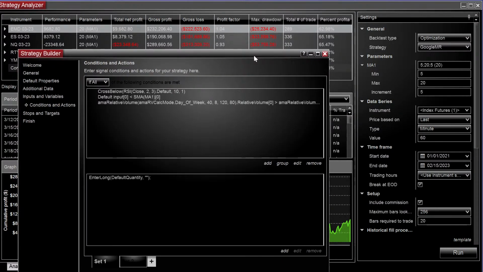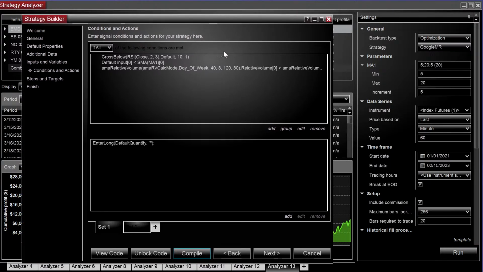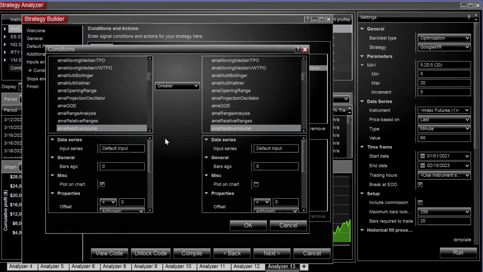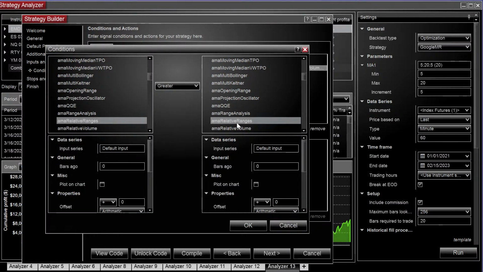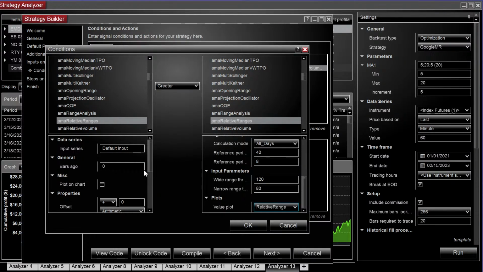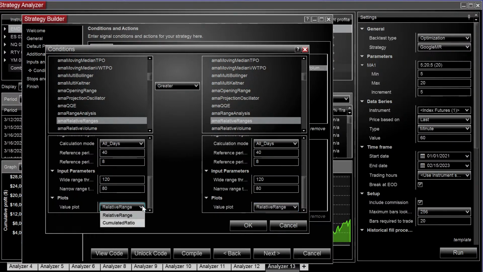Yeah, so I'm kind of seeing a pattern here. Let's look at relative range, basically relative volatility.